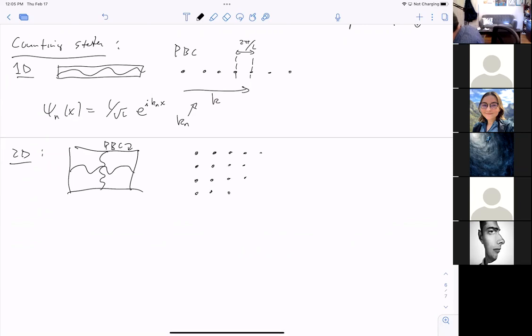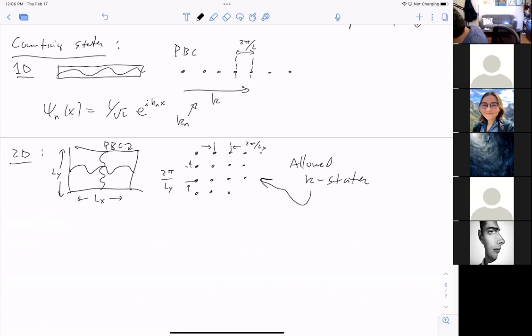You can see that in the x direction, the distance between them will be 2 pi over Lx, but in the y direction, the distance between them will be 2 pi over, you guessed it, Ly, where this is Lx and this is Ly. Okay, so that's my allowed K states. Just a simple generalization of the one-dimensional case.